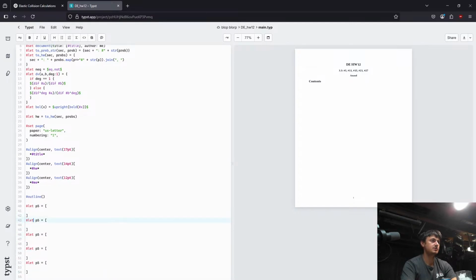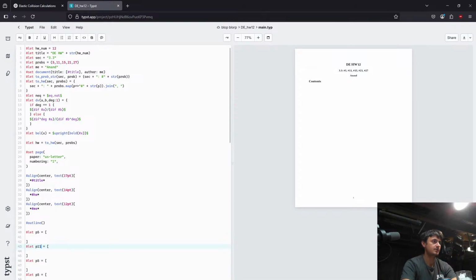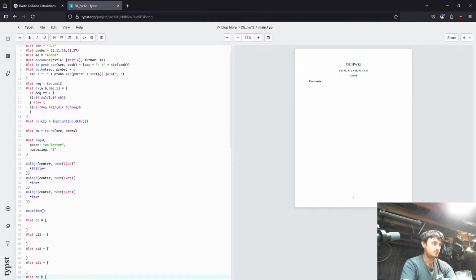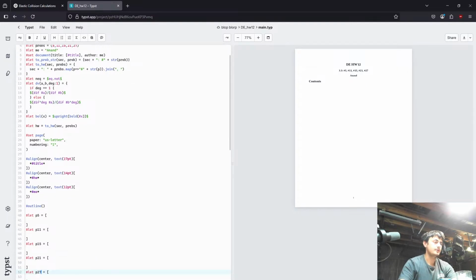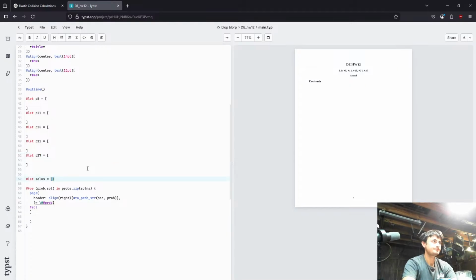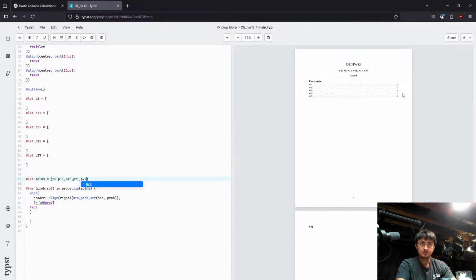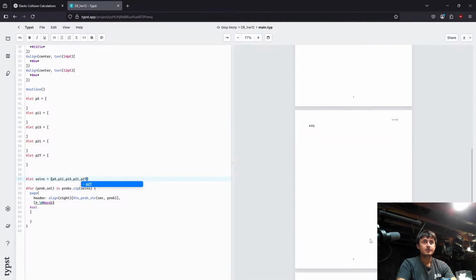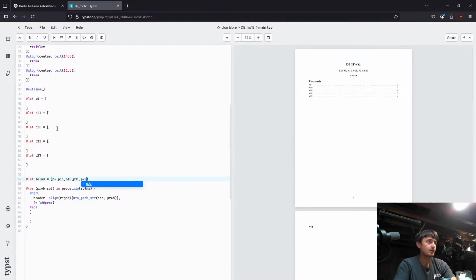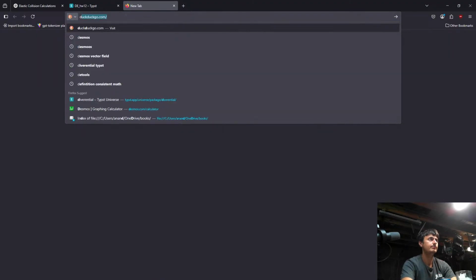This seems so stupid, but I don't really care. All right, so now we should be able to do this. Now you have a linked table of contents, each on its own page. So now we can pull up the book.